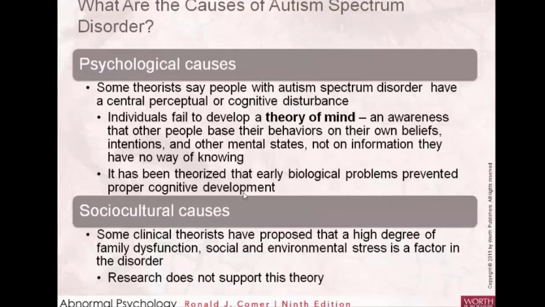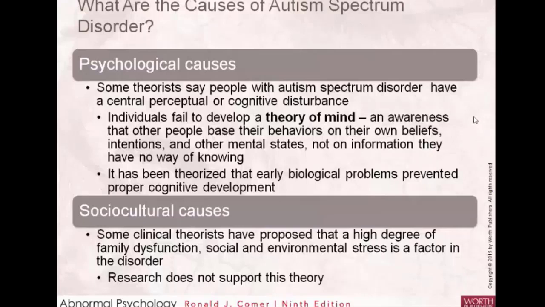So, as I said, there are many theories about where autism comes from. Some of these are more psychological in nature, cultural in nature, biological in nature. Some individuals would say that this is perhaps a cognitive issue, of a way that a person thinks about themselves and thinks about their environment. So there's the suggestion here that individuals might fail to develop a theory of mind, which is an awareness that other people base their behaviors on their own beliefs and intentions.